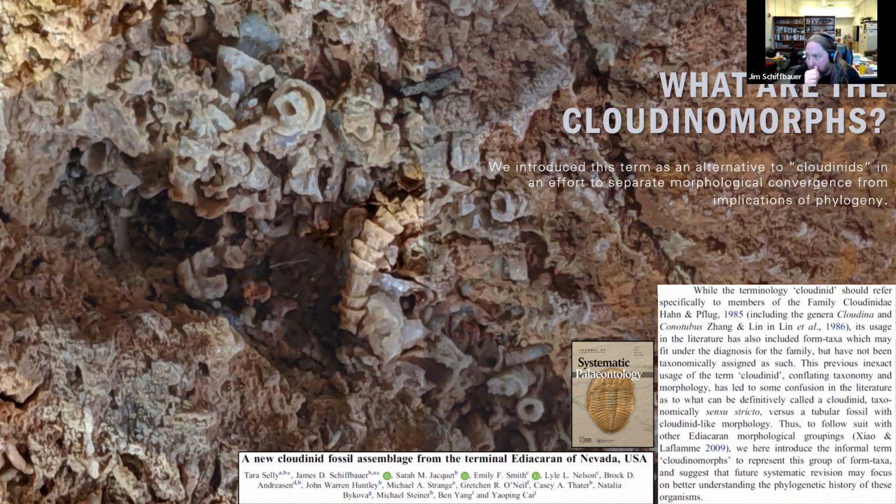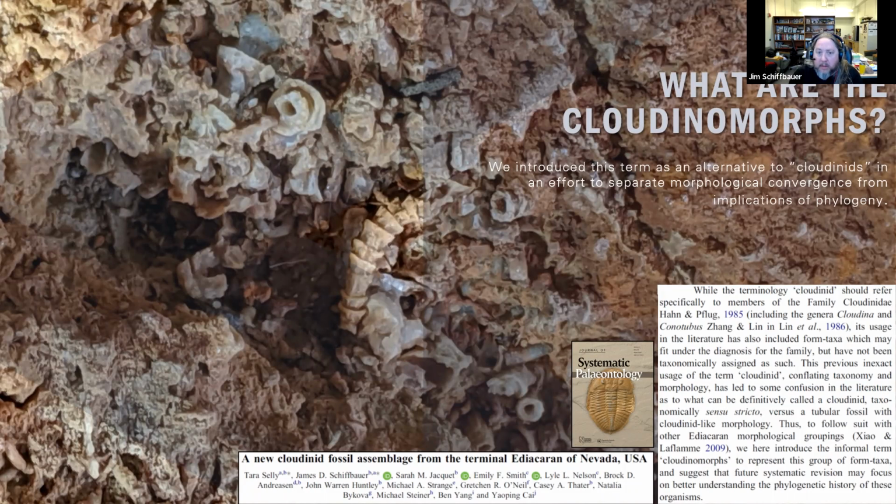And the idea here was to try to separate convergent morphologies from hints of phylogenetic relationship or implications of phylogenetic relationship. And we followed suit with Mark Laflamme and Shu Hai with regard to how we offered the name, for example, comparative to the Ernietomorphs or the Dickinsoniomorphs, et cetera. We wanted to try to keep it in line with what had been done in the Ediacaran to this point.